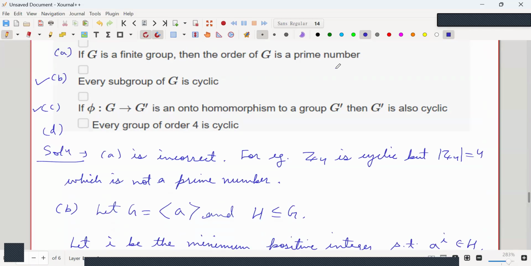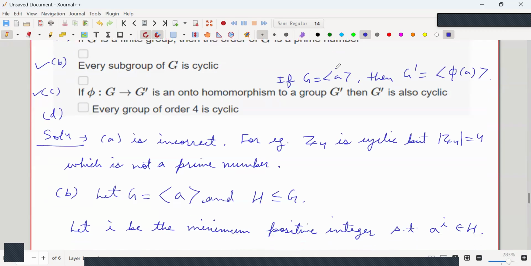So simply we can say if G is generated by a, then G prime is generated by phi of a. I don't know how I missed this part. I should not have told this in the interaction sessions because it was a part of the assignment, but somehow I just did it.